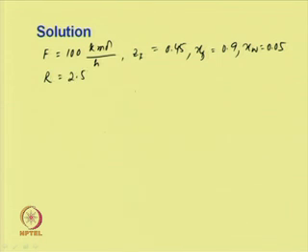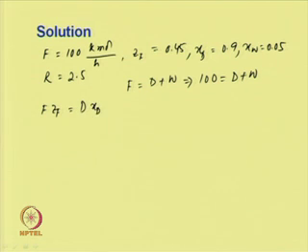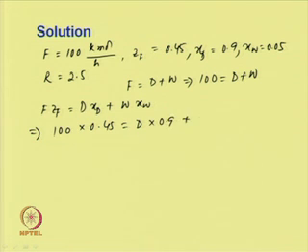So, we can calculate from the total material balance F is equal to D plus W, so 100 is equal to D plus W. Now, if we do the component balance, F ZF is equal to D xD plus W xW, it will be 100 into 0.45 is equal to D into 0.9 plus W into 0.05.